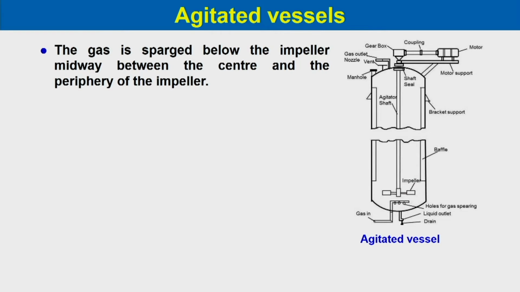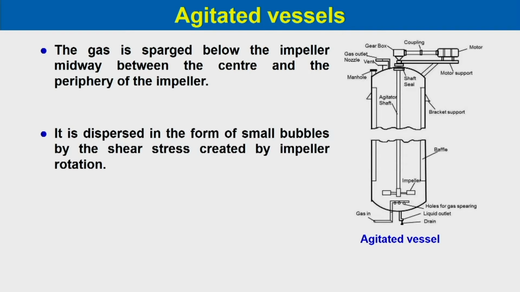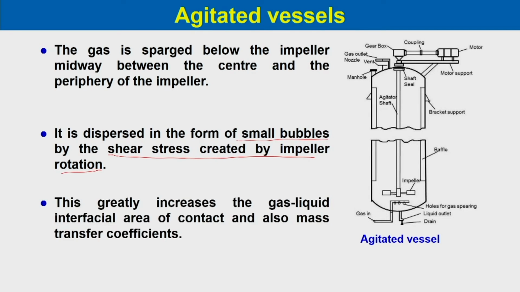Both gas sparging as well as the impeller help in intimate contact between the gas and liquid. The gas is dispersed in the form of small bubbles by the shear stress created by the impeller rotation. So, this greatly increases the gas liquid interfacial area of contact and also the mass transfer coefficient.